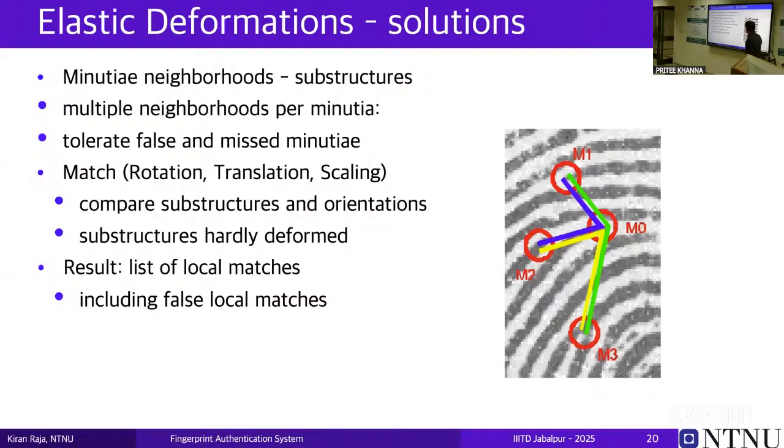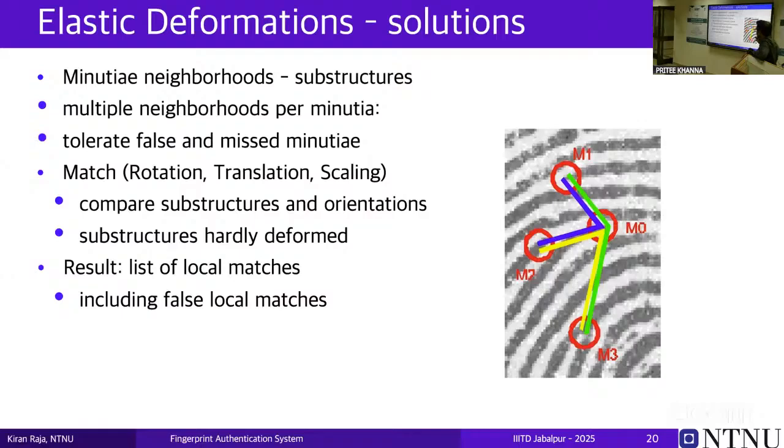In the second image, if I'm getting this one and I'm not getting these three, then I know they are not matching. Make sense? You are putting additional information into the system: if I'm getting one minutia, it should also come with a set of minutiae. If it does not, then it's likely something spurious.